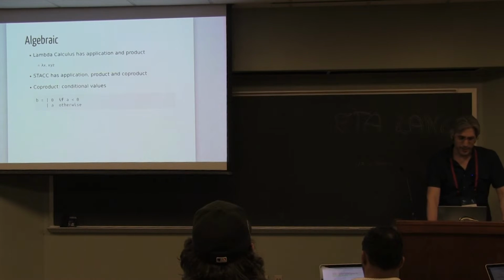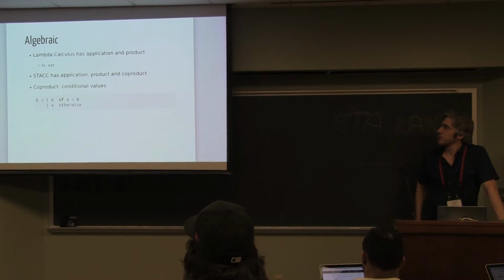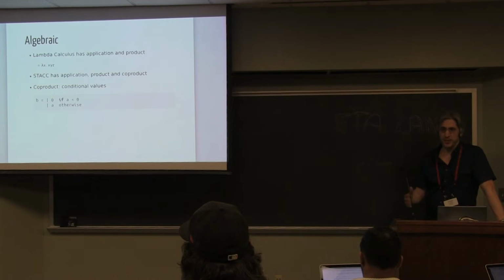Algebraic, as in opposition to the Lambda Calculus, which only has product and application. Application is the abstraction in X, and product is basically the body of the abstraction. It's a product of terms in the body. So I think Stacc is a bit richer than Lambda Calculus.